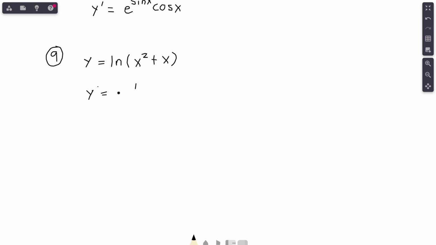So it's going to be 1 over the inside, times the derivative of the inside. The derivative of x squared plus x, so the derivative of x squared is 2x plus 1. So our derivative is going to be 2x plus 1 over x squared plus x.